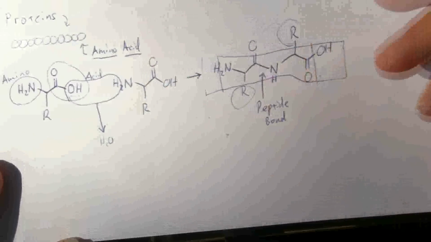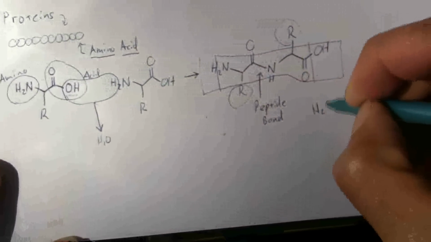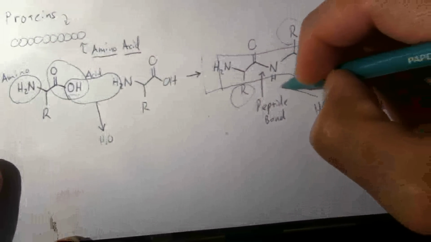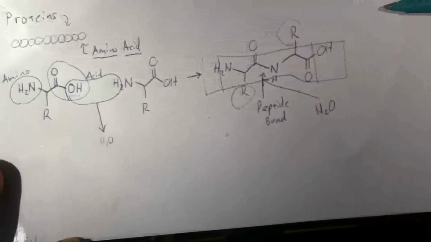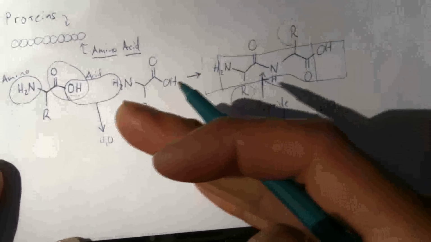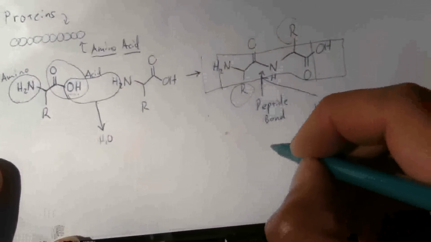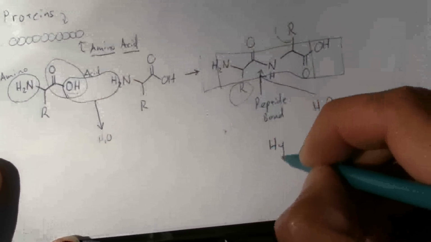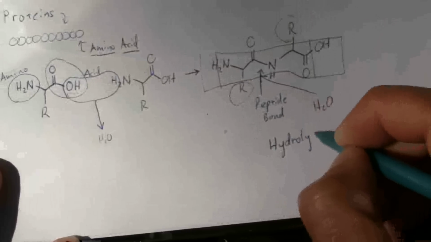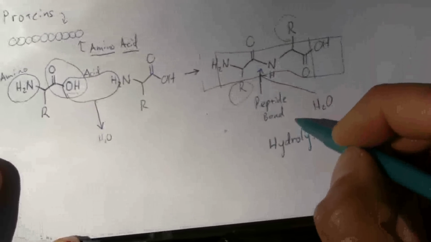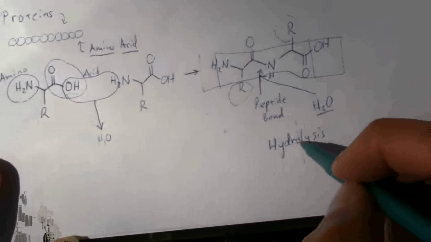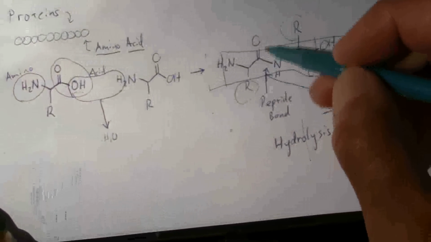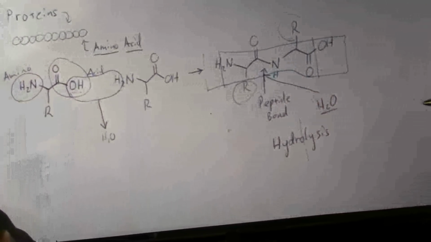If you take that water and you insert it at that peptide bond, what happens is it breaks it. It's a process that is called hydrolysis. Two parts to this word: hydro, referring to the water, and lysis, referring to the splitting apart or the breaking of that peptide bond.